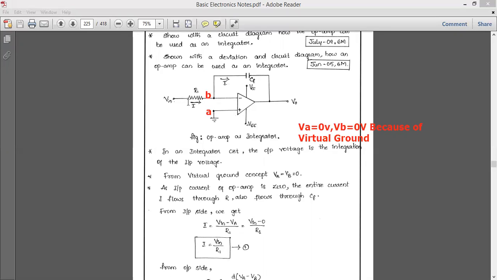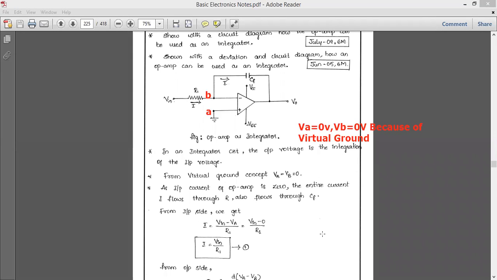That is, the input current I also flows through the capacitor Cf. Based on the direction of current, let us find the current equation both at the input of the op-amp and across the loop, that is at the output.